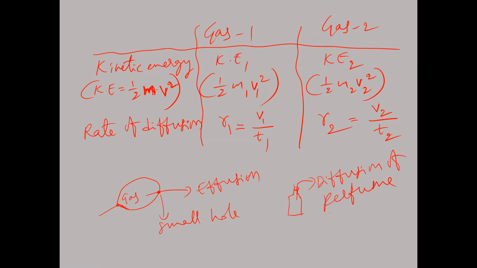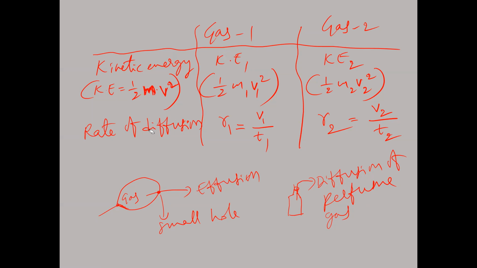The perfume gas will mix with air. Air is one gas and perfume is another gas, so two gases are intermixing. So diffusion is nothing but the intermixing of two or more gases. But effusion is the sudden escape of gas through a small hole. So that is effusion and diffusion.